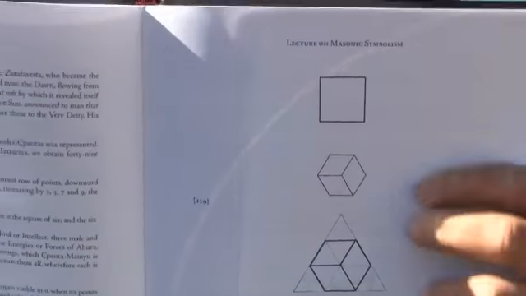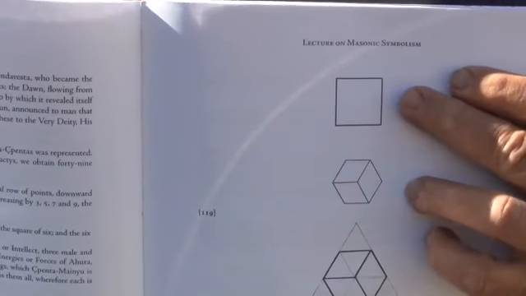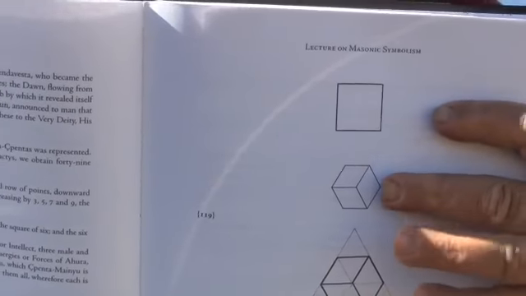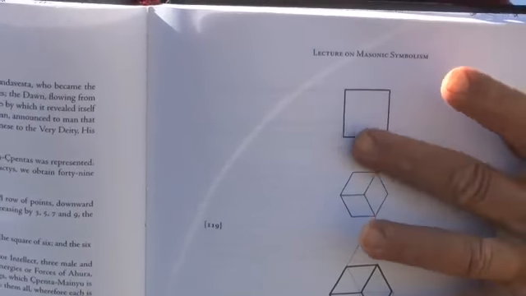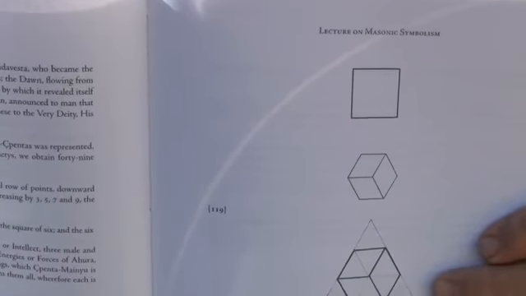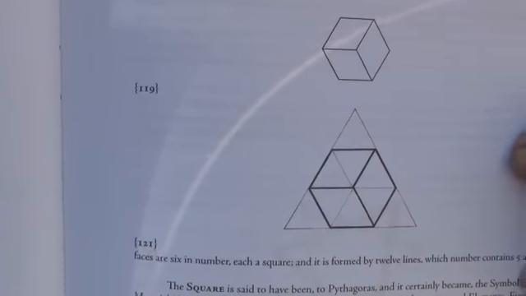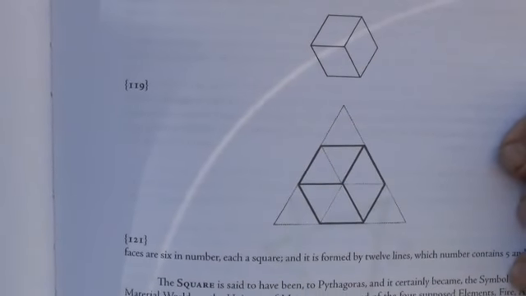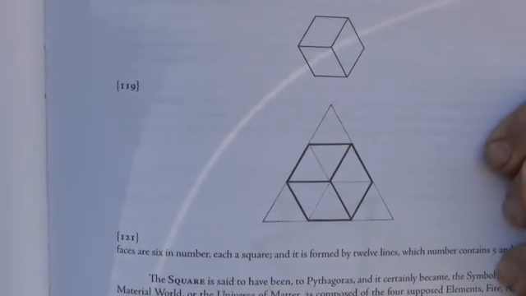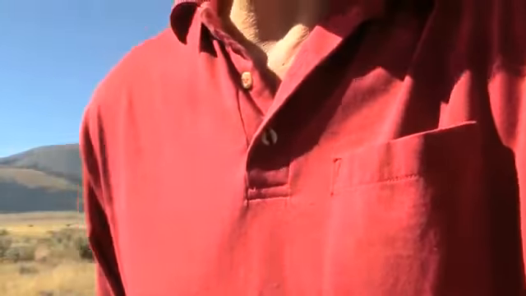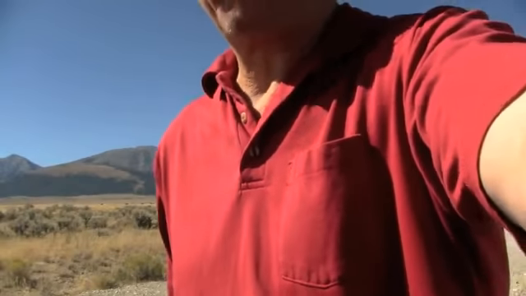Now that's interesting because a square always denotes a cube. This is a cube here. You're seeing one side of the cube with a square, and it always denotes a cube. And then the cube can be found within the tetractys. This is the infinite cube of space.